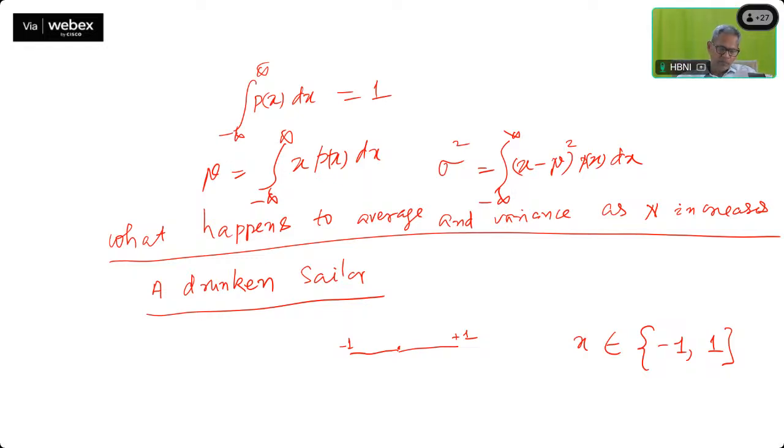The probability of going forward is half, because there are 2 options here, either you can go left or you can go right. Similarly, the probability of going backward is equal to half.